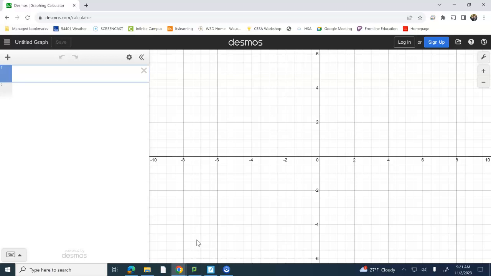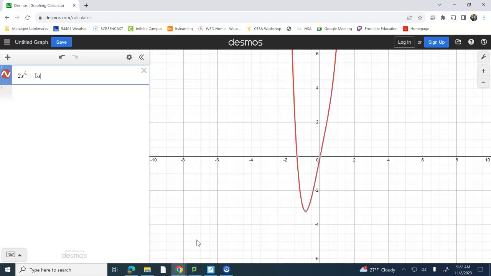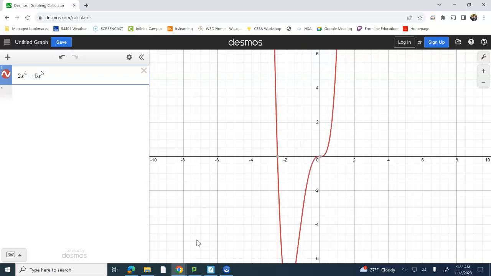So how you can utilize Desmos is you can do 2x to the 4th, and then I got to come down off of that, and then plus 5x cubed.